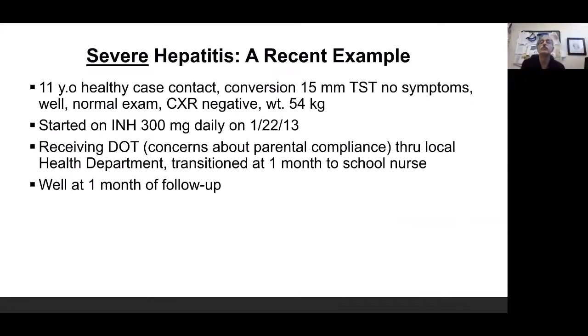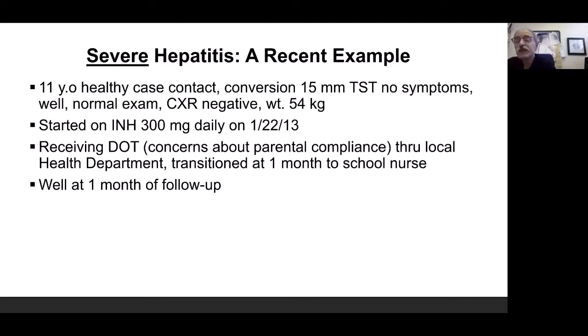This was an 11-year-old from our region who had a conversion tuberculin skin test as a contact of a household case, was otherwise well, normal chest x-ray, was started on isoniazid, was receiving directly observed therapy, which is not typical for 11-year-olds in our jurisdiction, but there was concern about parental compliance. So directly observed therapy was being done, but then after about a month, this was transitioned to the school nurse.